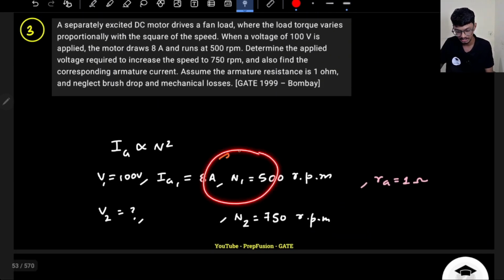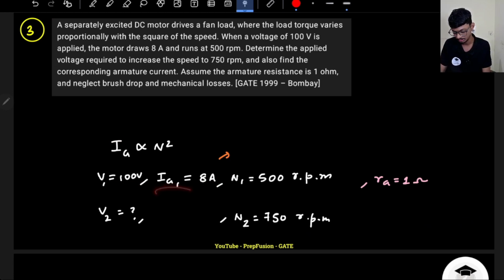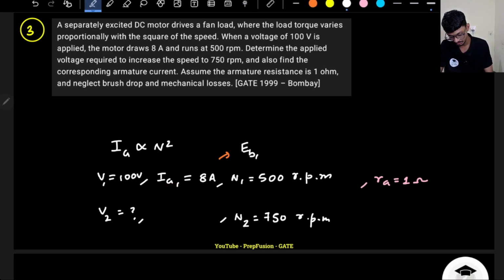In the first case, do I know the back EMF? No. But can I find it out? Yes, because I know the terminal voltage and the current and the resistance. So in this case, the back EMF in case 1, EB1, will be V1 minus Ia1 Ra.